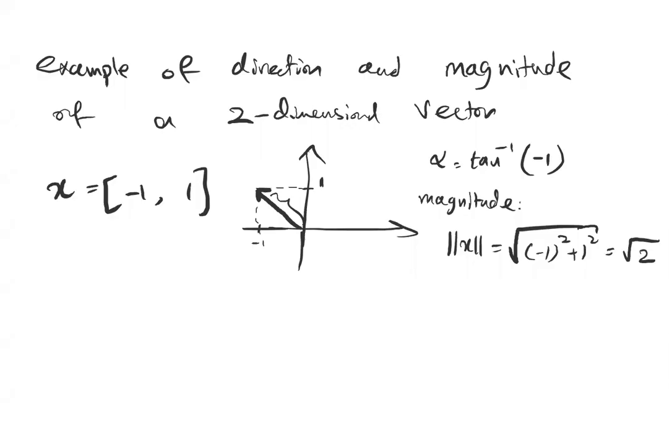Another concept that I want to overview in the supplementary lecture here is scaling vectors in the two-dimensional space. Let's say you have the representation of vector x, and then we ask you to represent vector 3x. That's going to be the same direction as x, but 3 times the length of x.